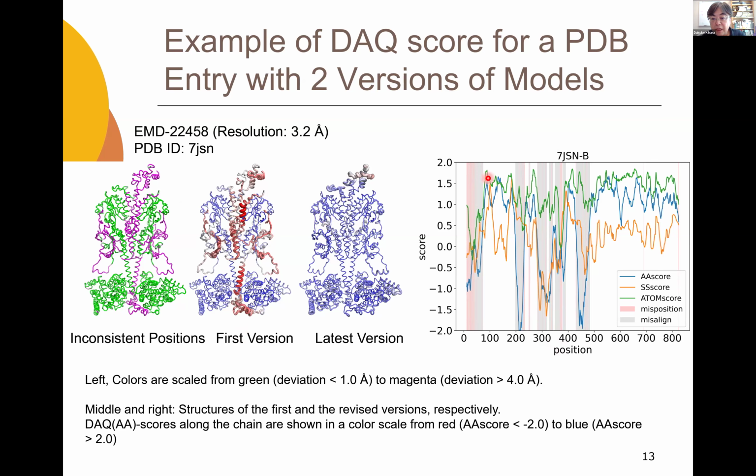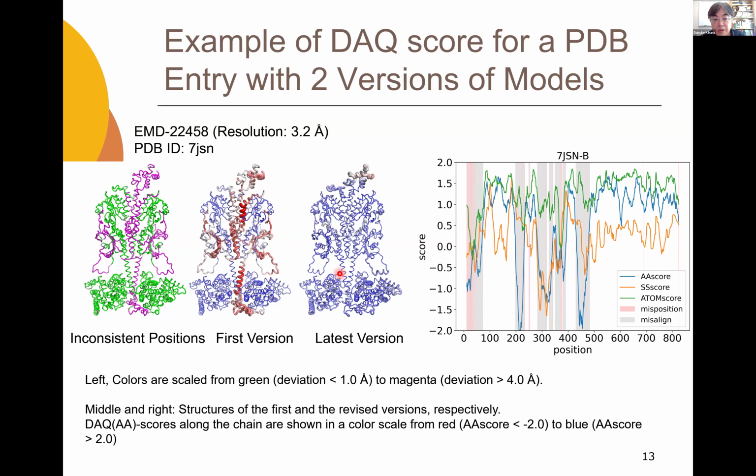So in this diagram, the x-axis is the position of the amino acid, and the y-axis is the DAQ score, with three different scores. Blue is the amino acid type score, which is bad in those four regions. Those are the three alpha helices in the top part.